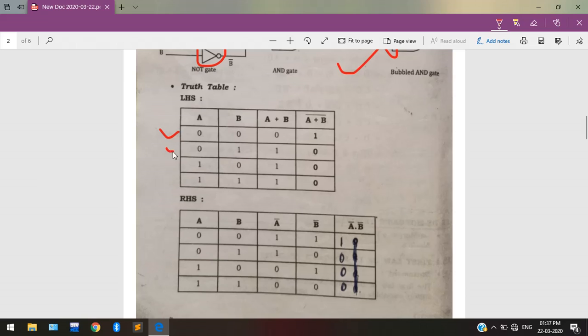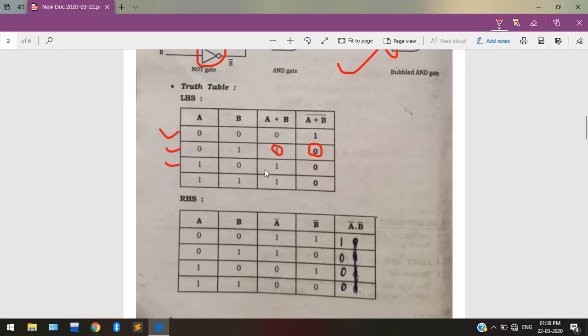In the second row, a is 0 and b is 1. So 0 plus 1 is equal to 1, but the output is (a plus b) bar, so we have to complement the 1, which gives 0. The third row shows a is 1, b is 0.